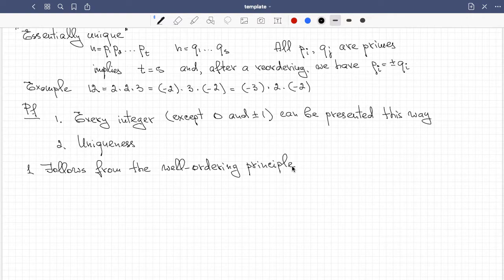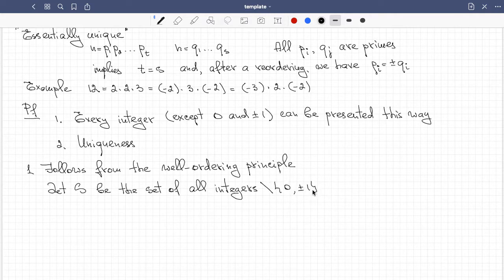We consider the set S of all integers, with the exception of 0 and plus or minus 1, which cannot be presented in this way. We want to prove that S is empty.